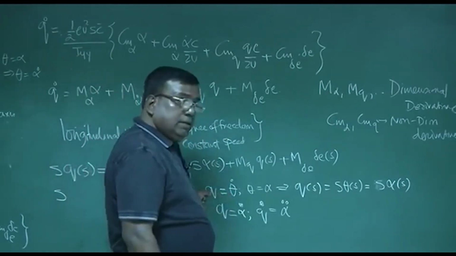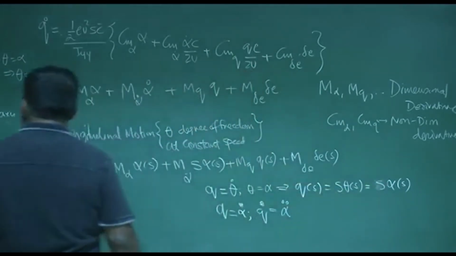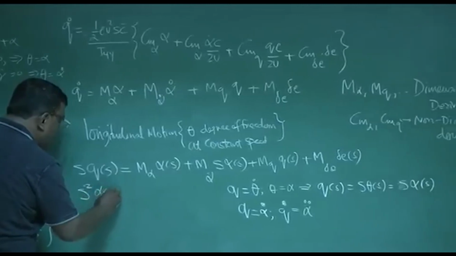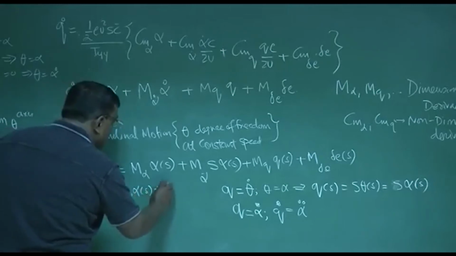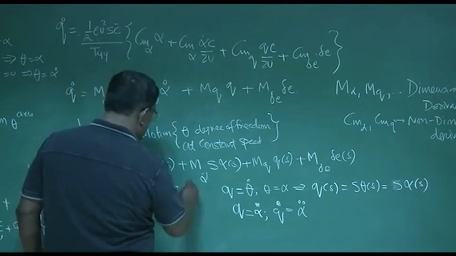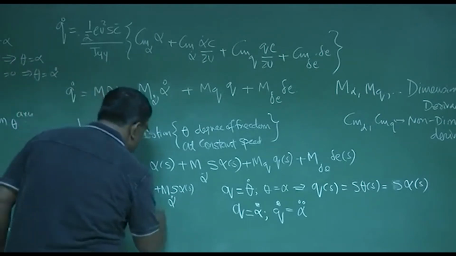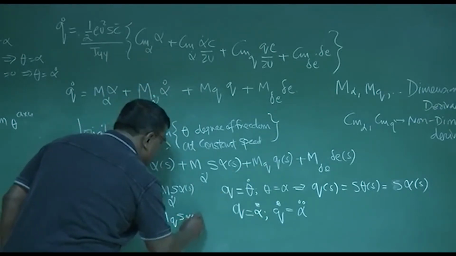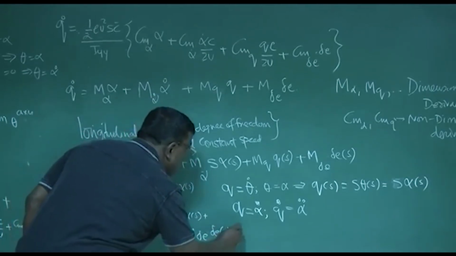So Q of S is equal to S theta S, and theta I'm writing as alpha, so S alpha S. So it becomes S square alpha S equal to M alpha into alpha of S plus M alpha dot into S alpha S, plus MQ into Q of S, which is S alpha of S, plus M delta E into delta E of S. That's all.